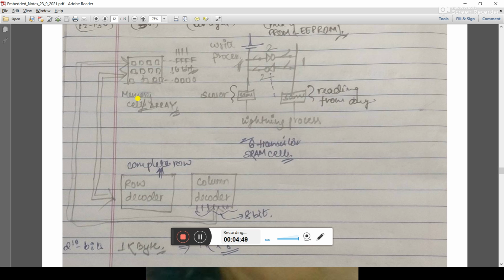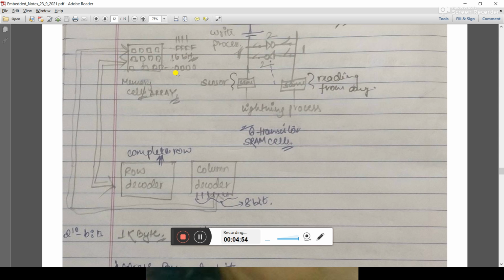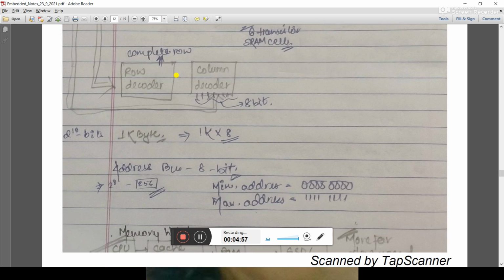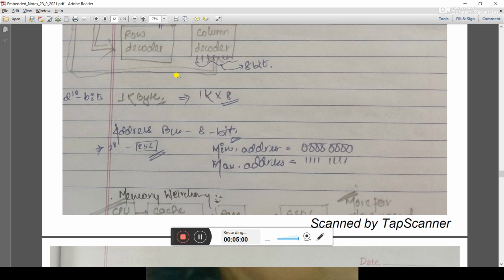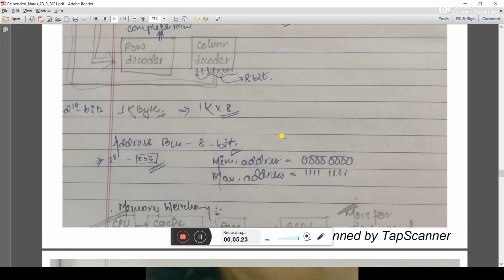By means of the row decoder and column decoder, we track at which byte we need to capture. If there is a memory with an 8-bit address, the minimum address will be 00000000 and the maximum address will be 11111111.